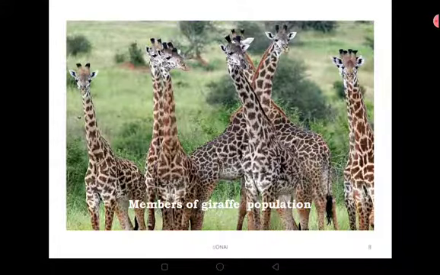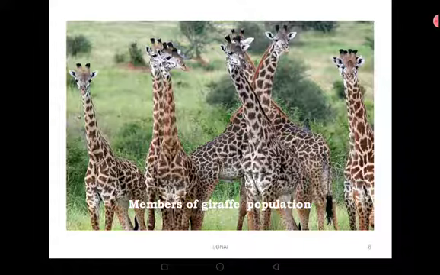So you can see some beautiful members of the giraffe population there. We said, do you know what a population is? You remember? We said a population is the total number of organisms of the same species living in an area at a given period of time.